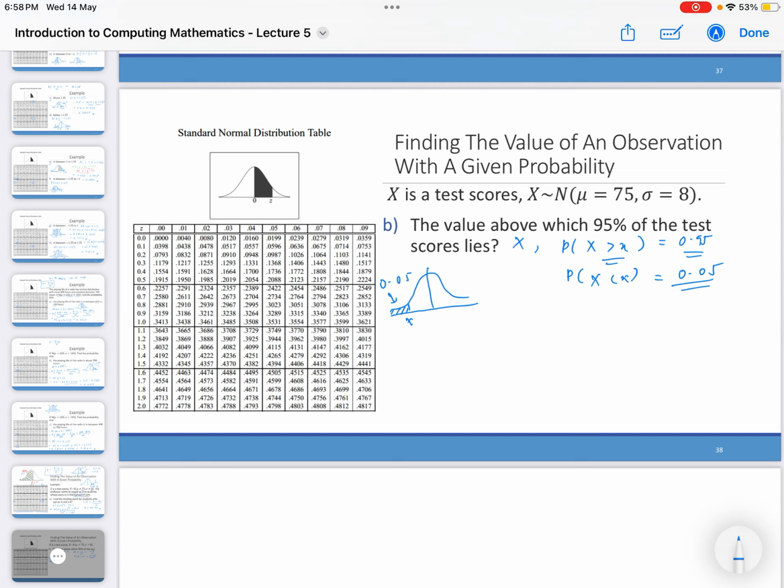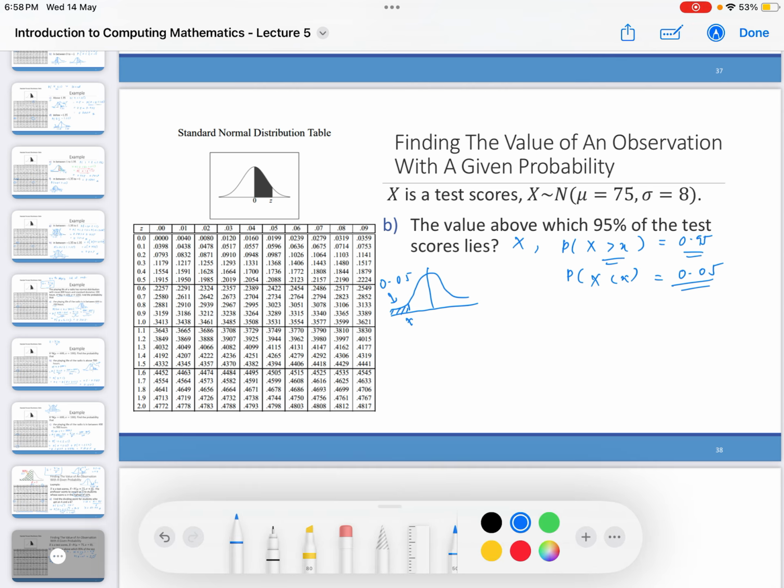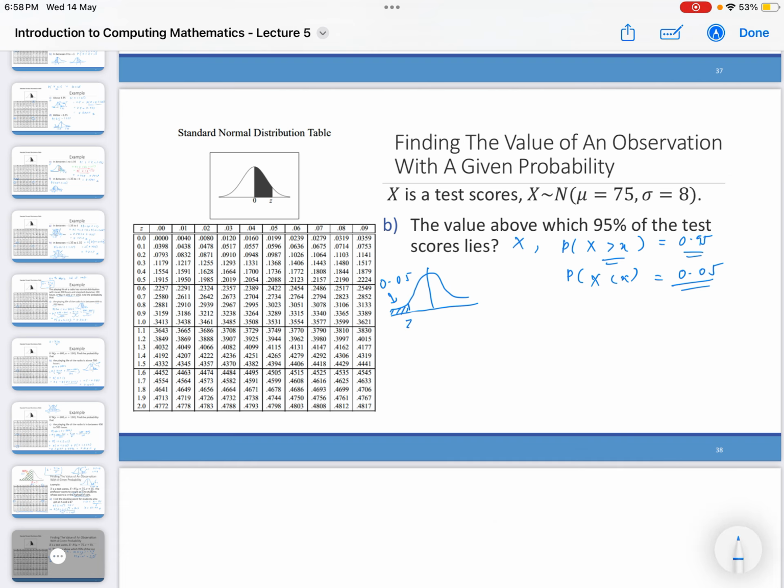Okay, instead of putting X here, I want to put Z straight away. So the Z star here is on the left side, so this will be a negative value. Since this is negative, we can reflect to the positive side.